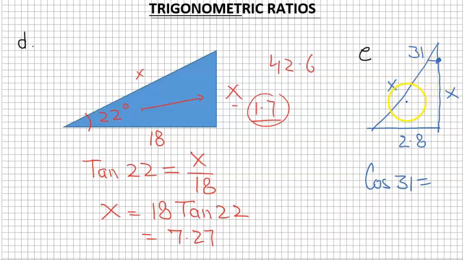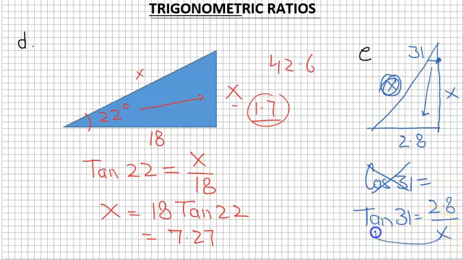I just wrote it. Now the hypotenuse is not given, so we are not going to use cos. If the hypotenuse is not given, it is always tan. So tan 31 is equal to 2.8 over x.